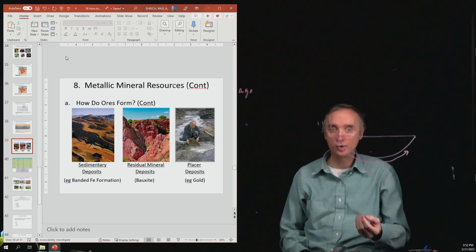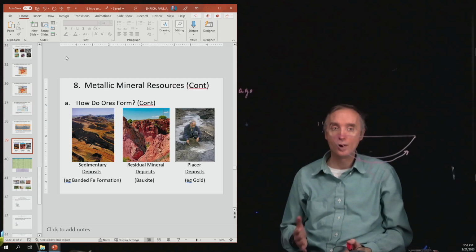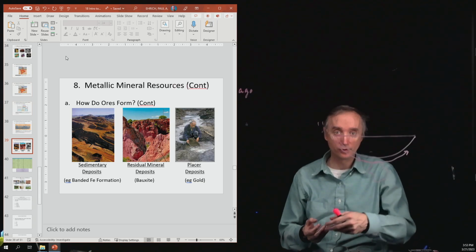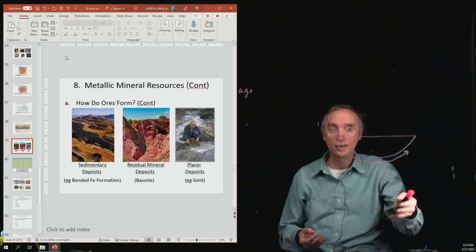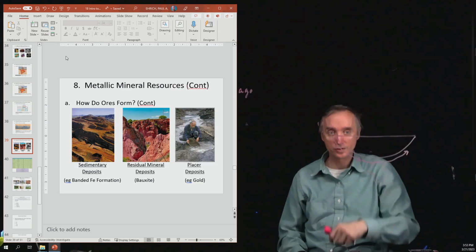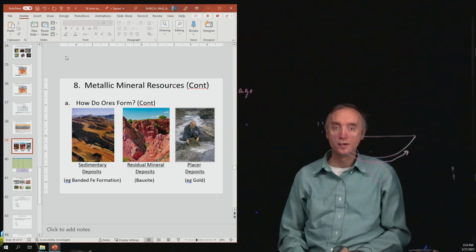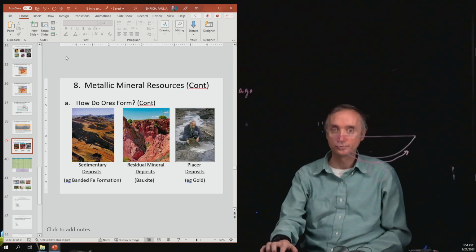And so this was the first way, really, that humans found gold, is in a river. And then they would follow the river back to its source and find the outcrop where the gold was coming from. So these are all different ways of making ores.